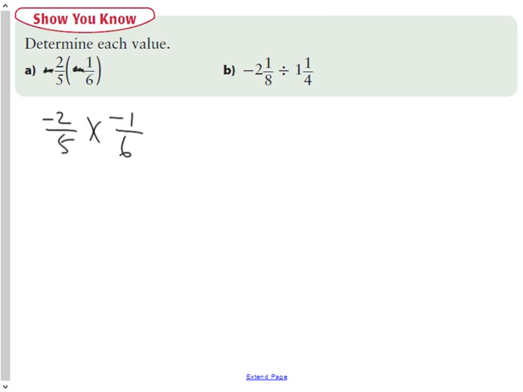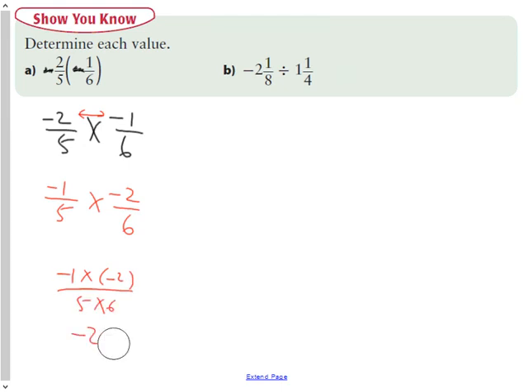So remember, if I was to swap these numerators, so I'd have -1/5 multiplied by -2/6, I would still multiply the numerators, and I'd still multiply the denominators, and I'd still get -2/30. I'd still reduce that down to -1/15, or positive 1/15, which is what I got before.